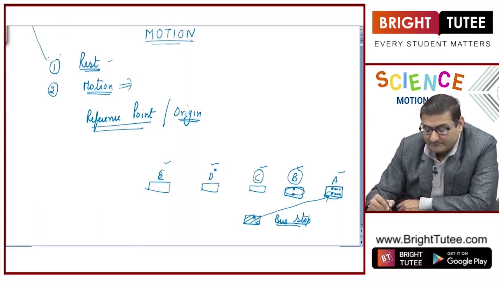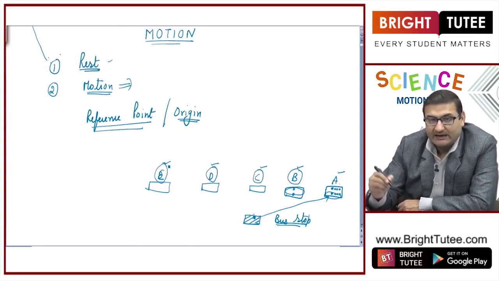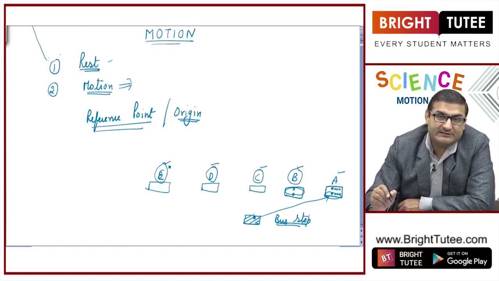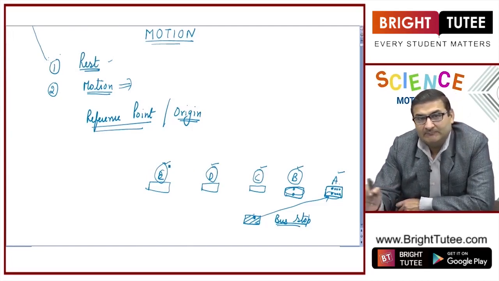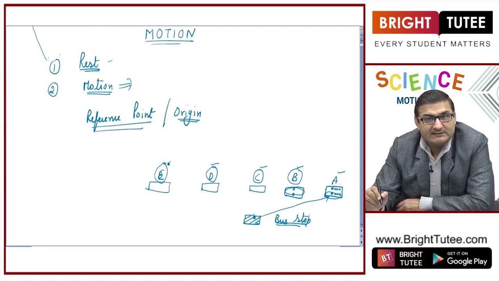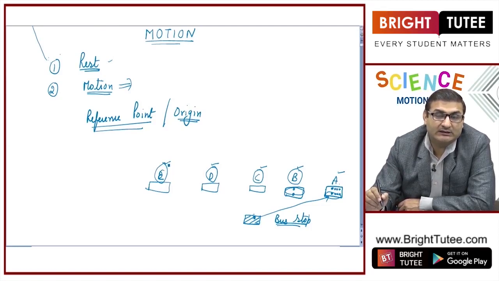So at whichever position I relate, I will find my fellow passengers and all the seats in the bus to be at their same positions. If I take myself as a reference point and relate the fellow passenger's position, then both of us were not in motion with respect to each other.